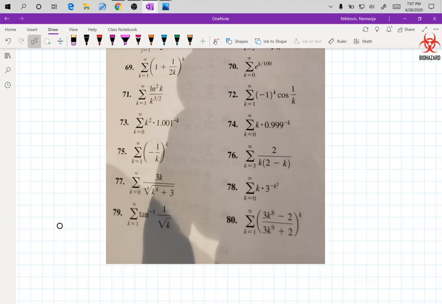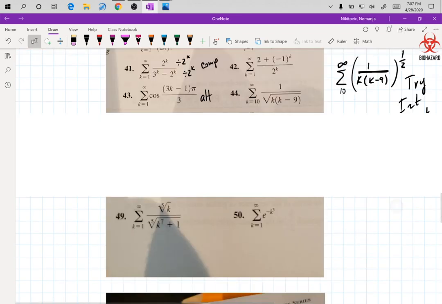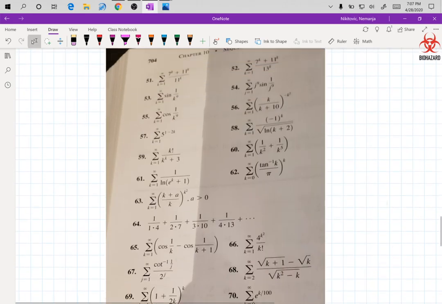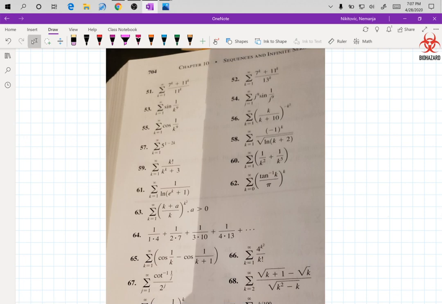Let's pick some of these. What do we have? The top one, split, and it's just 2 geometric. That's basic.